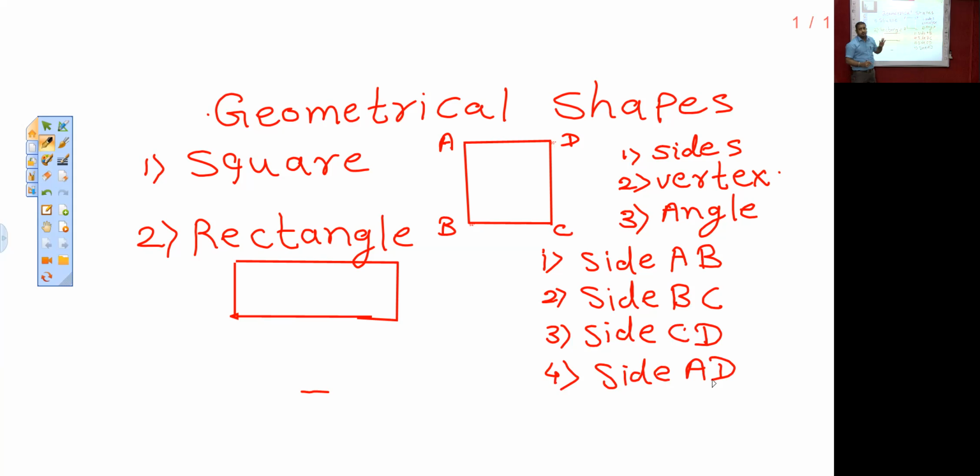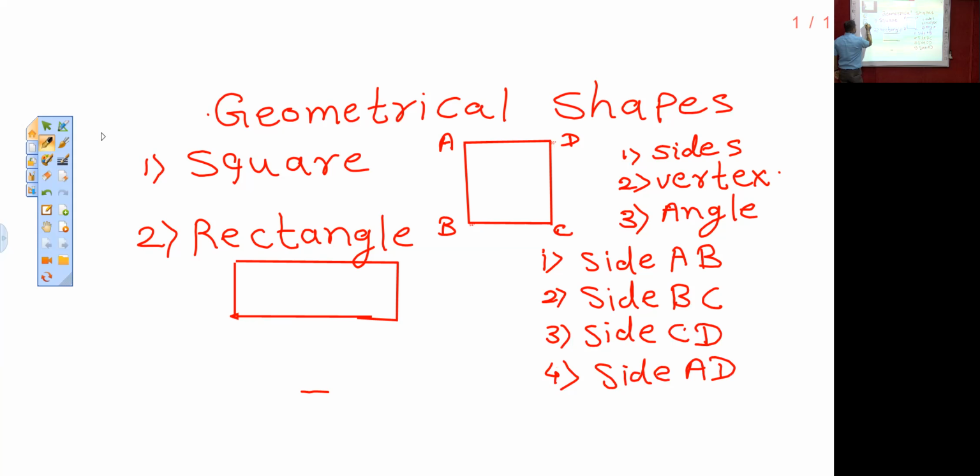So the square has four sides, four corners, four vertex. The vertices are vertex A, vertex B, vertex C, vertex D. Same as rectangle. Rectangle also has four sides, four corners, as well as four vertex.